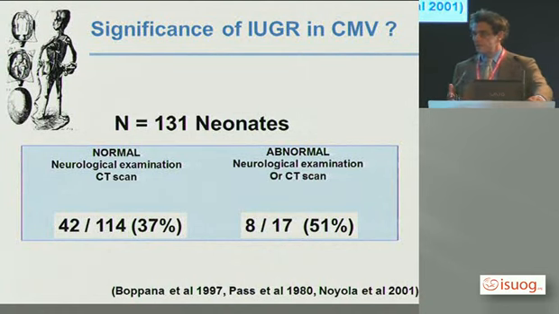IUGR is a very specific point in the pathway of infection, because IUGR can result either from a severely infected placenta and a mildly infected fetus. So the placental insufficiency is not primary, it is secondary to the infection.